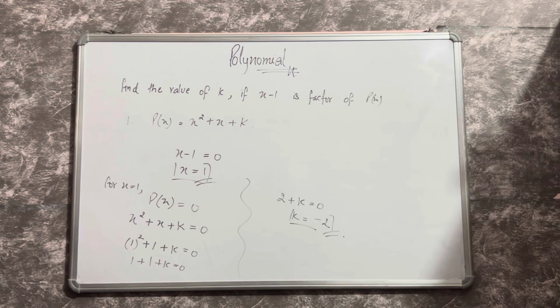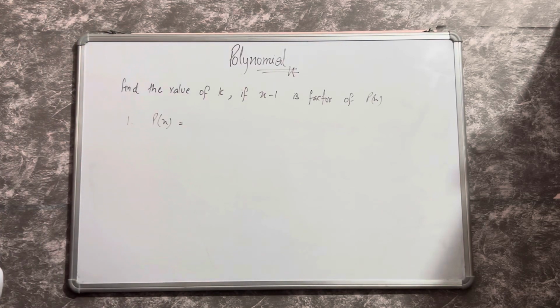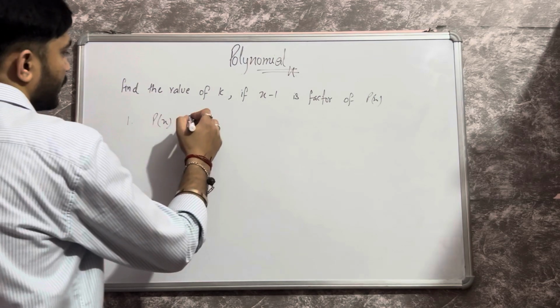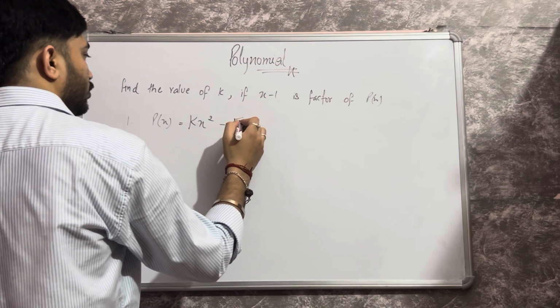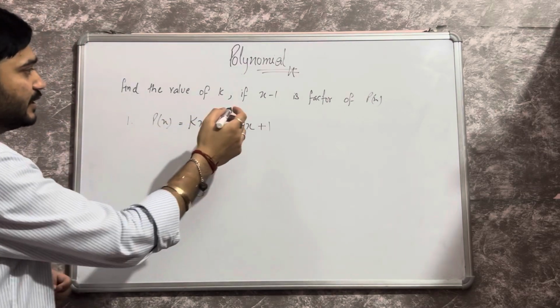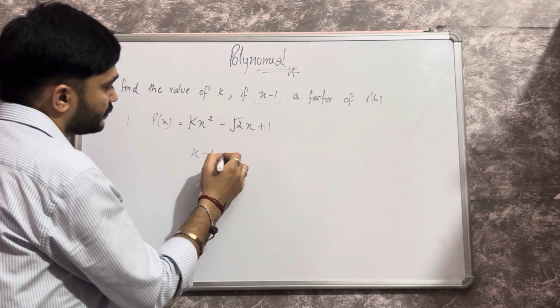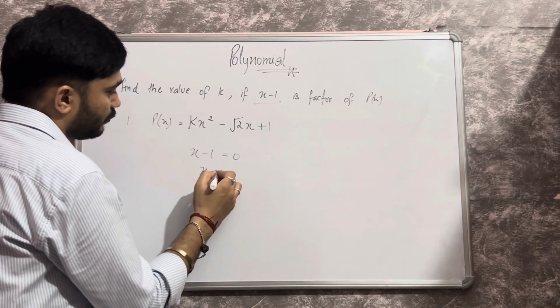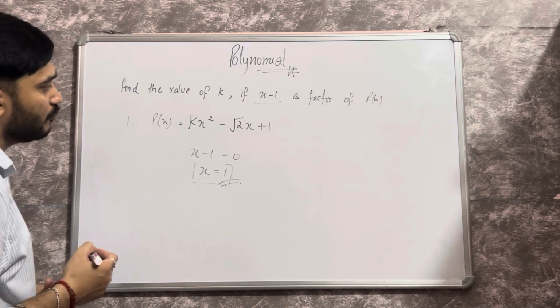Now moving forward to the next question of this type. What if p of x given to us is kx square plus under root 2 x plus 1? Similarly, since we know that x minus 1 is the factor of p of x, x minus 1 equal to 0. So the value of x that is going to come is x equal to 1.